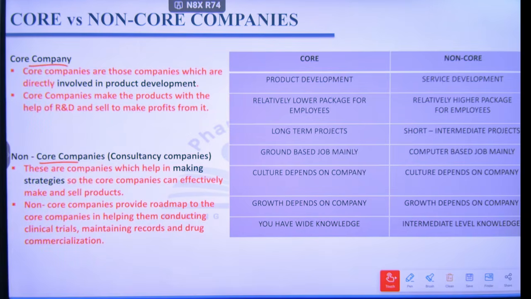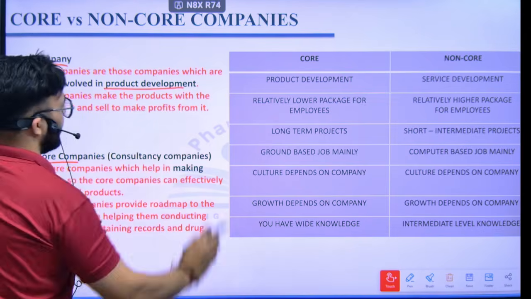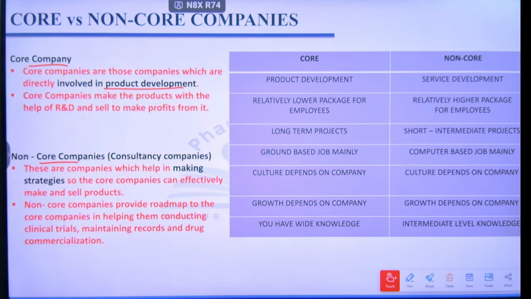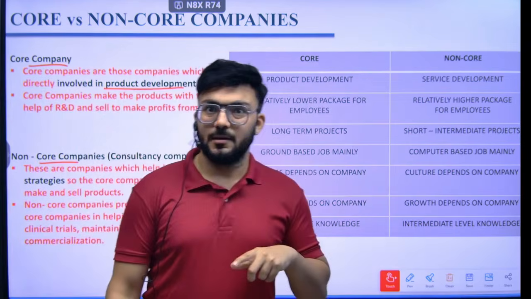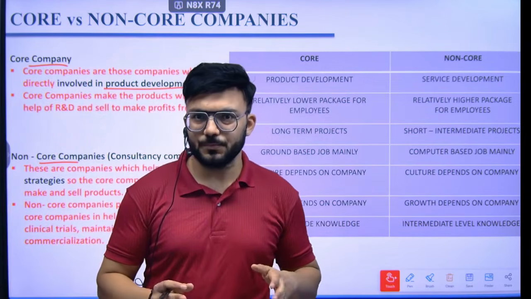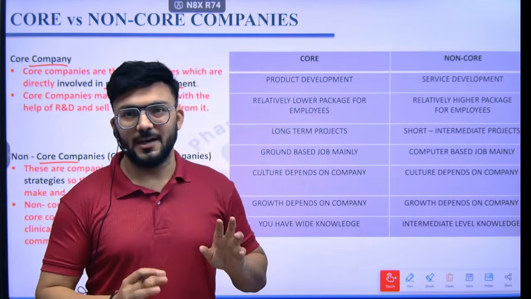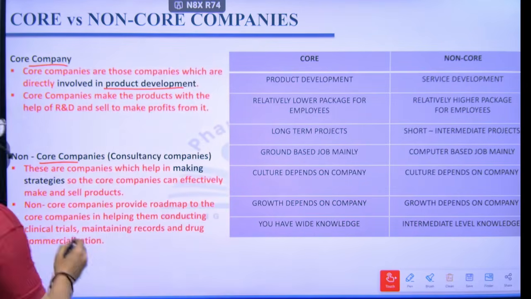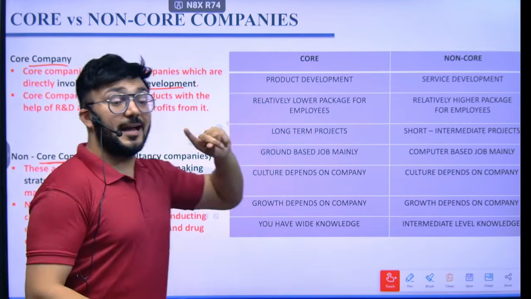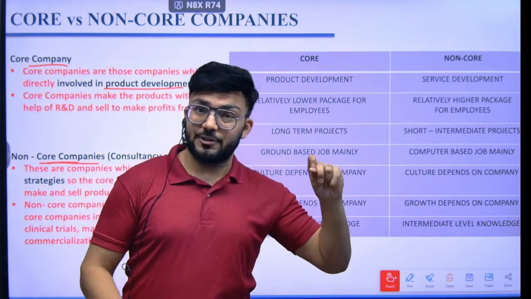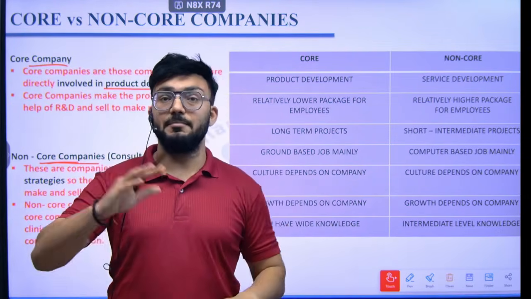Core companies are those which are directly involved in product development. Suppose there's a company making a tablet formulation. That company will be called a core company. Non-core companies are those which help the core company in making that product.